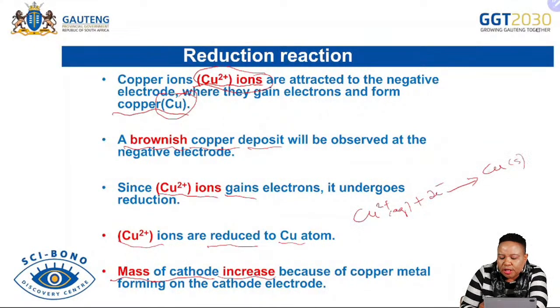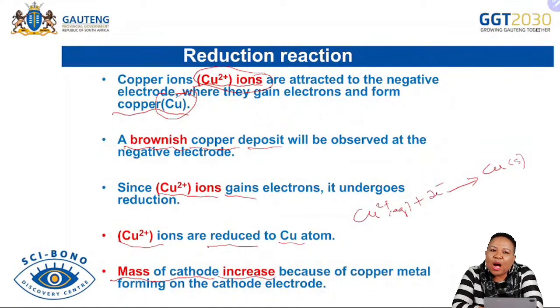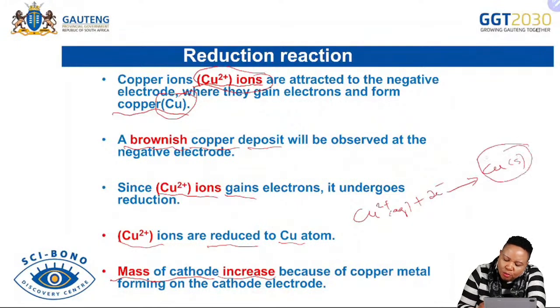Copper solid, which is going to be our reduction half reaction. So because copper is formed and on the other side chlorine gas was formed, we can conclude that we have separated or decomposed the solution of copper chloride.